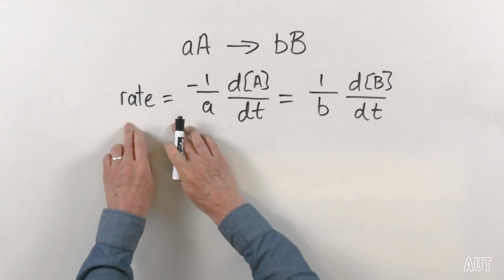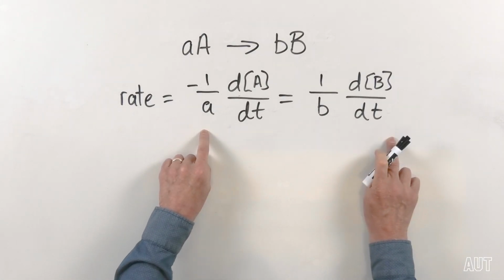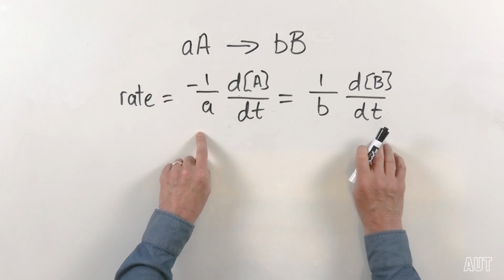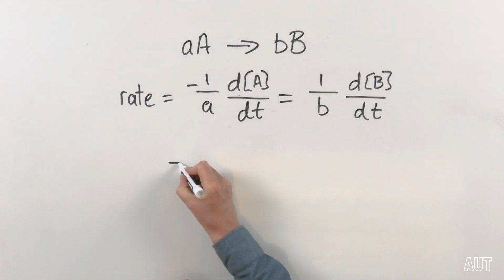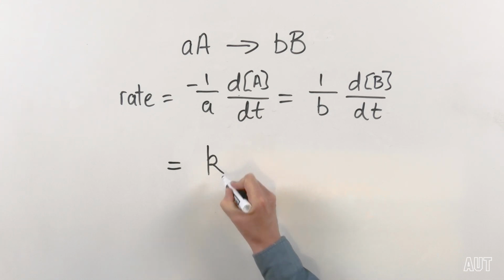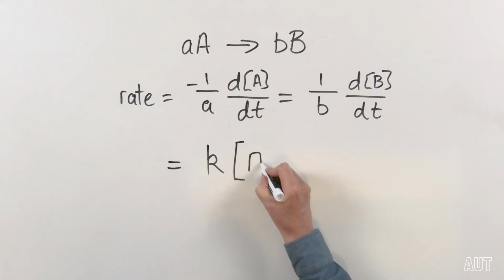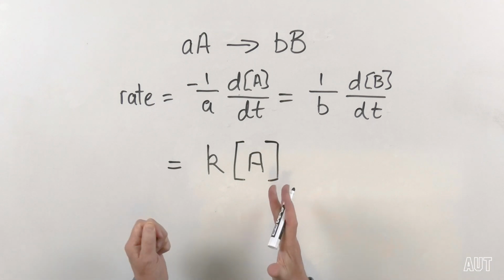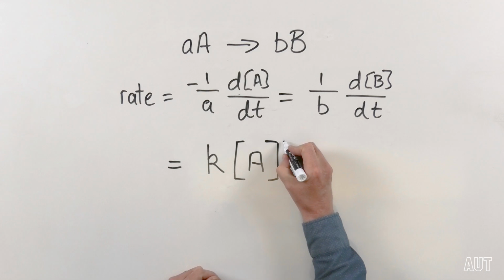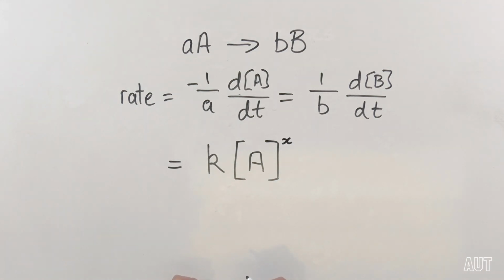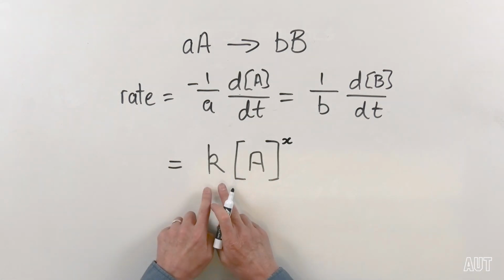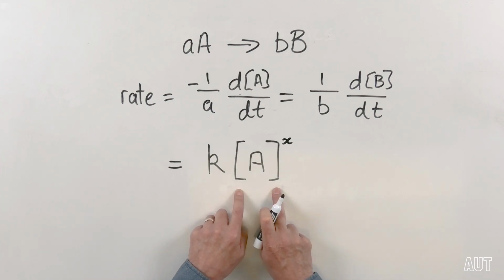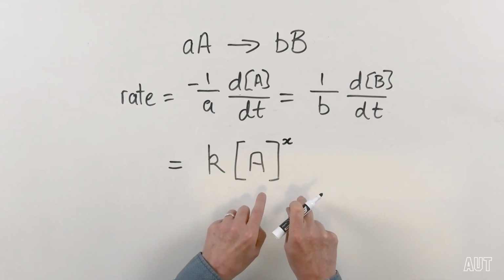We're saying that the rate of the reaction, minus 1 upon A dA by dt equals 1 upon B dB by dt, is also equal to some constant k, little k, that we are going to call the rate constant, multiplied by the concentration of A raised to some power x.